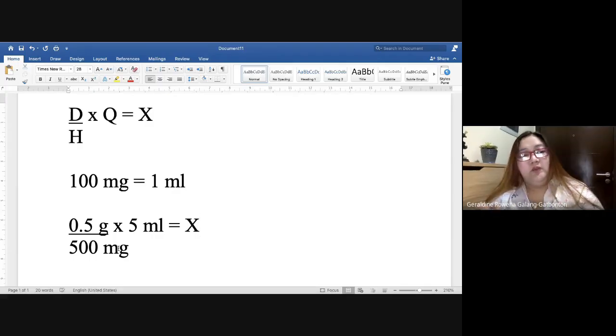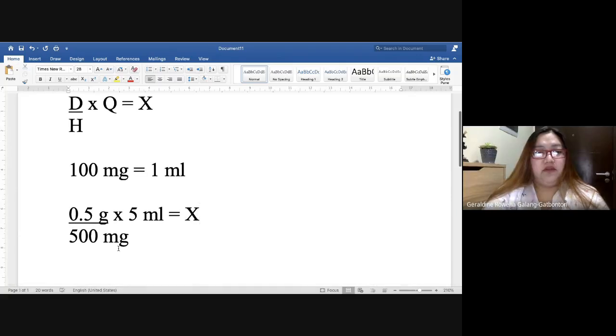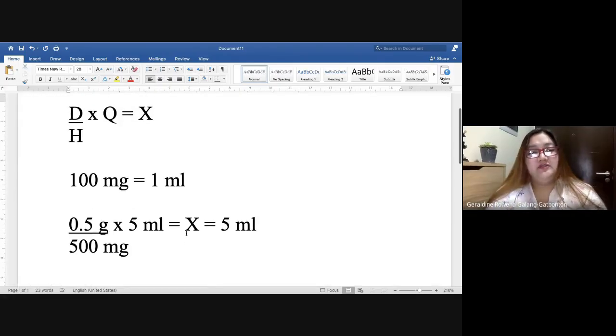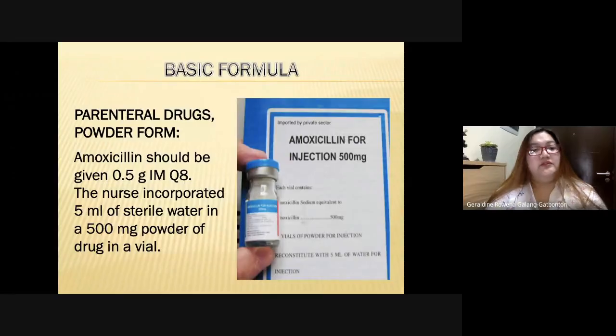So again, 1,000 milligrams is equivalent to 1 gram. Kaya, when you convert that, no, the answer is 5 ml. Okay, kasi 0.5 gram will be 500 milligrams divided by 500 milligrams is 1 times 5 is 5 ml. So 5 ml is the answer to this question.